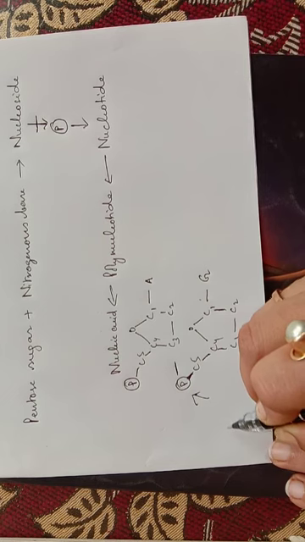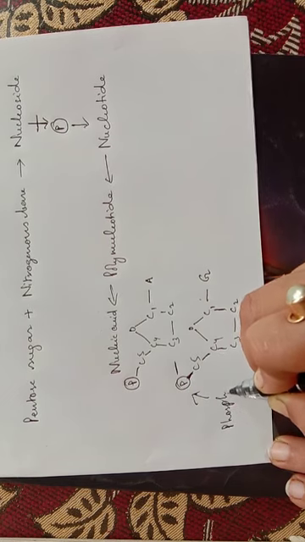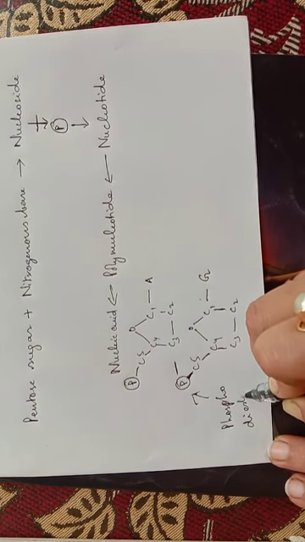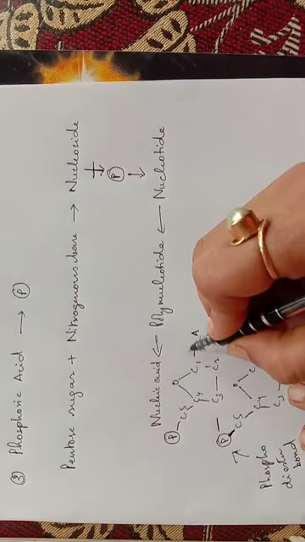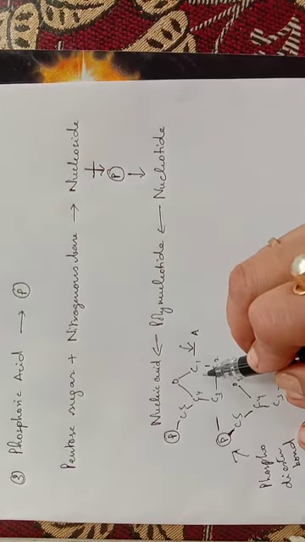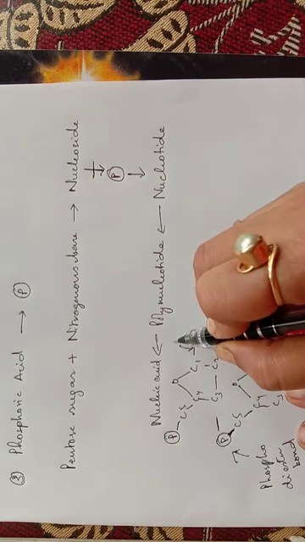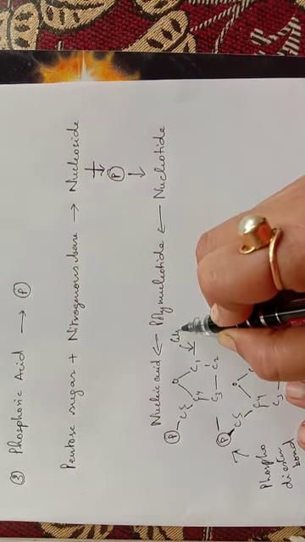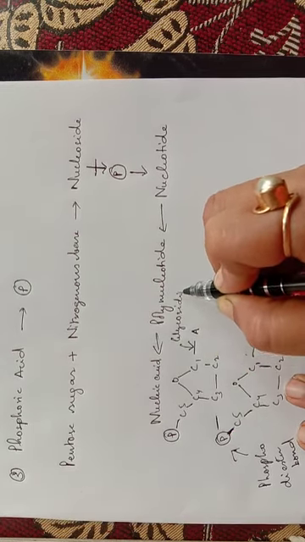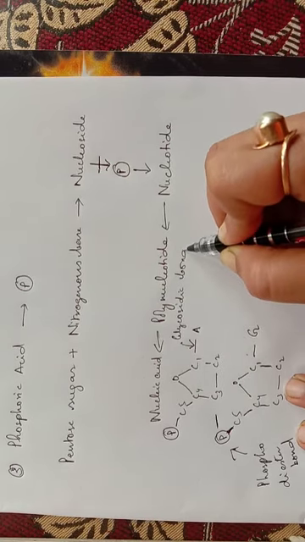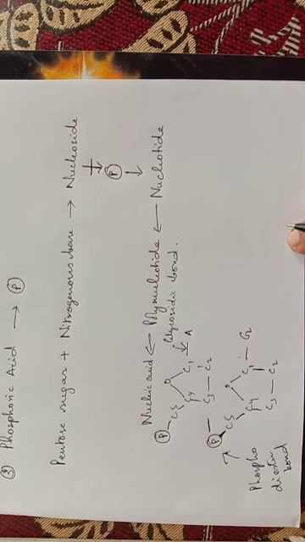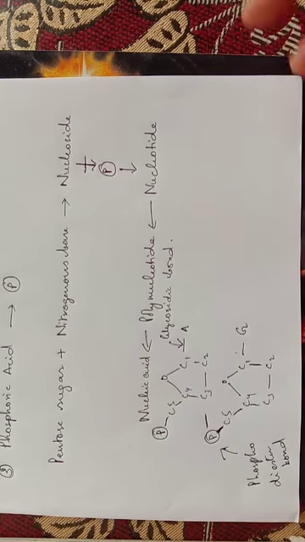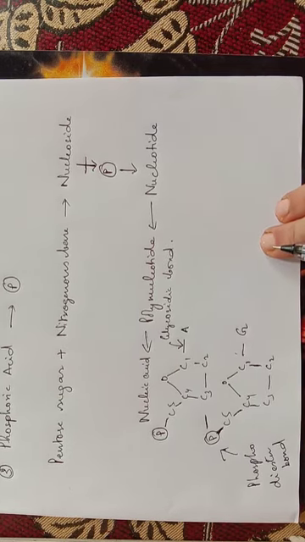This bond is called the phosphodiester bond or bridge, and the bond which forms between the pentose sugar and the nitrogenous base is called the glycosidic bond. In this way the chain of nucleotides is formed, and later on they form the polymer nucleic acid.